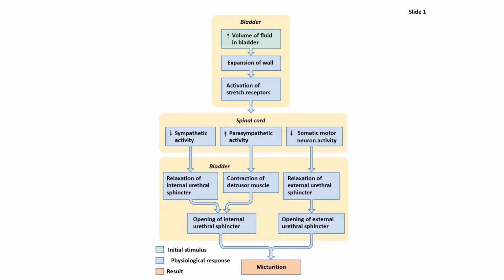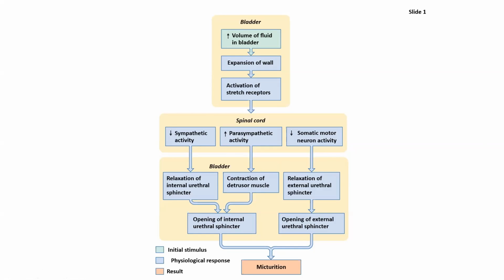There's also going to be simultaneously an increase in the parasympathetic activity that causes the contraction of the detrusor muscle itself. Remember, that was otherwise being inhibited so that you didn't use the bathroom involuntarily. And so both of these signals allow the opening of the internal urethral sphincter and the contraction of the bladder.